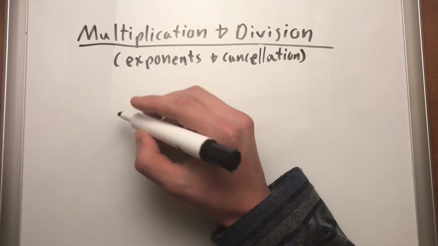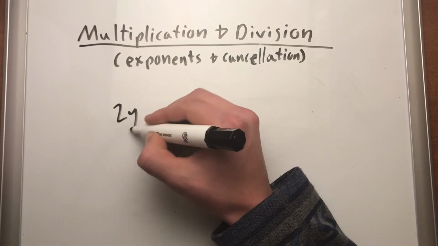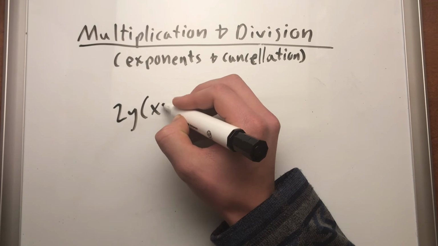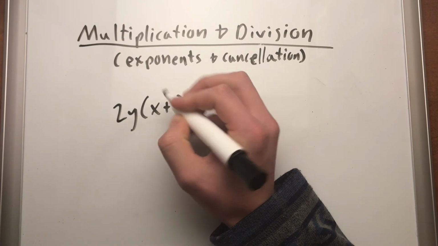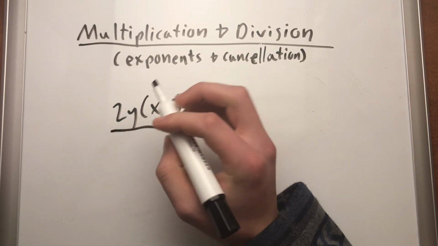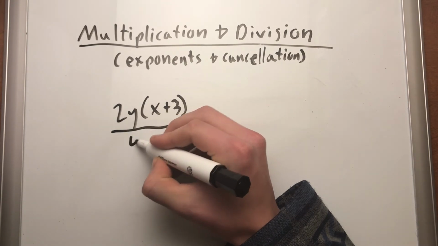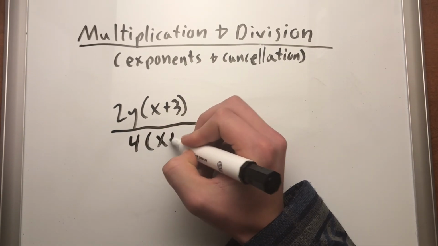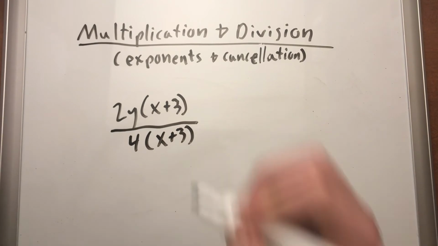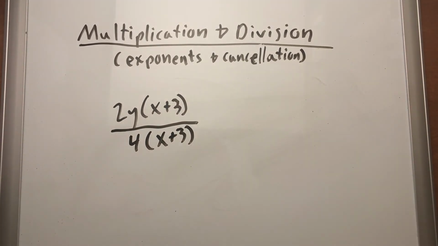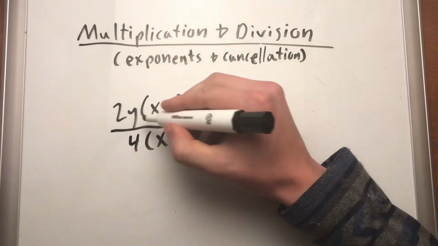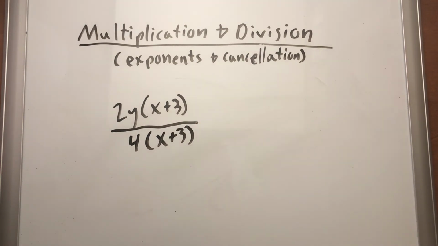Let's say you had 2y times x plus 3, over 4 times x plus 3. What here can we cancel? Well, in these parentheses, you can see that we have x plus 3.